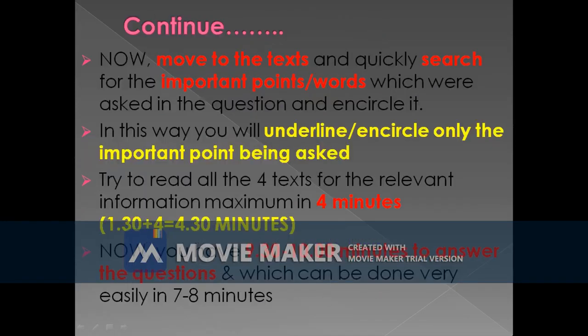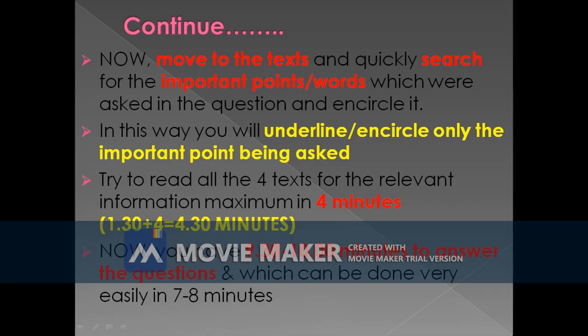Now move to the text and quickly search for the important points or words which were asked in the questions and which you have encircled. In the text, you will search only for those important words which you have underlined or encircled. You will not underline or encircle the whole text.